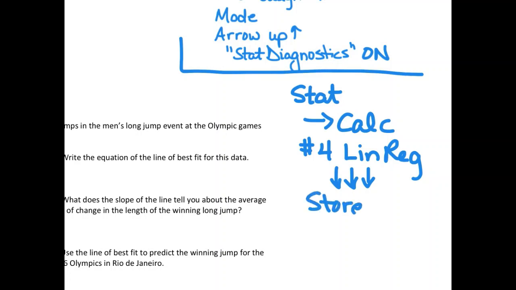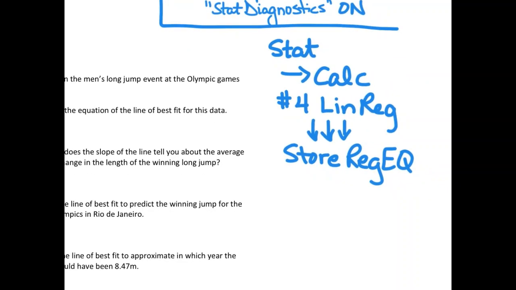When you've got your cursor next to store regression equation, you want to press alpha, the green button over on the side, and trace, which is in the top row. So alpha, trace, and you'll see a bunch of Y1, Y2, Y3, the Y options for your Y equals screen.